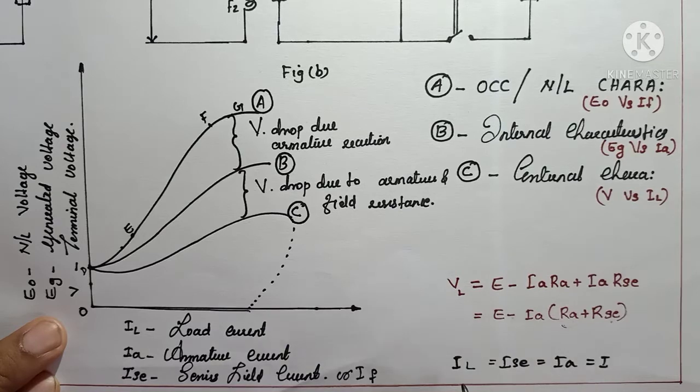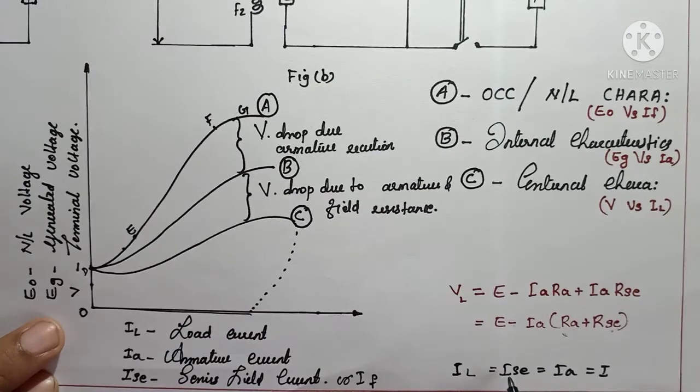If the load is increasing, definitely ISC or IF will increase, and correspondingly the generator will try to generate more current so that IA will increase.